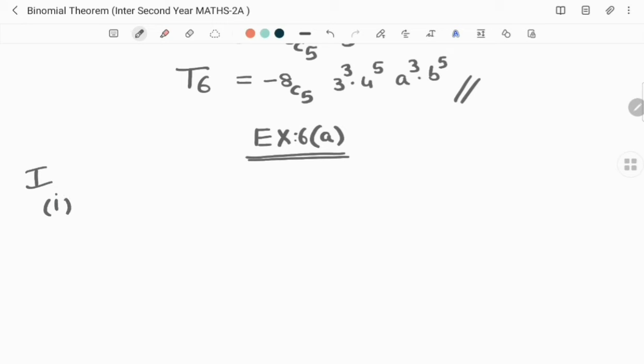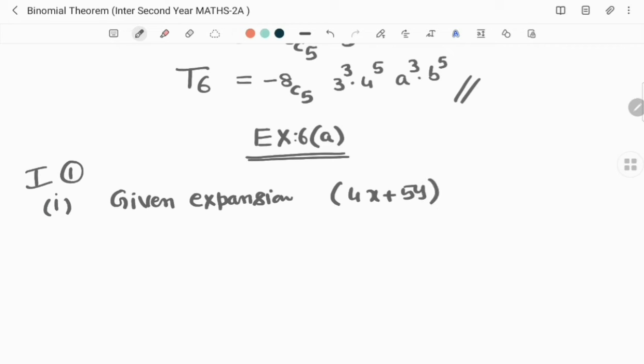The first question I am selecting here, given expansion, I will take (4x plus 5y) whole power 7.